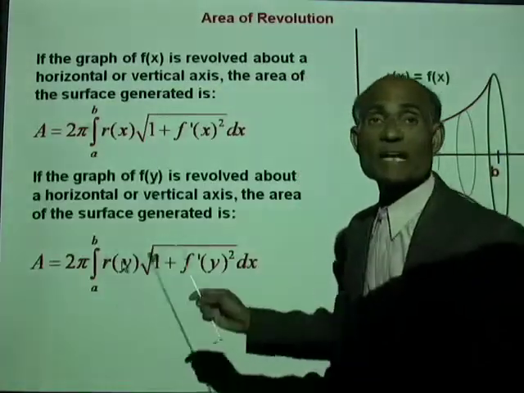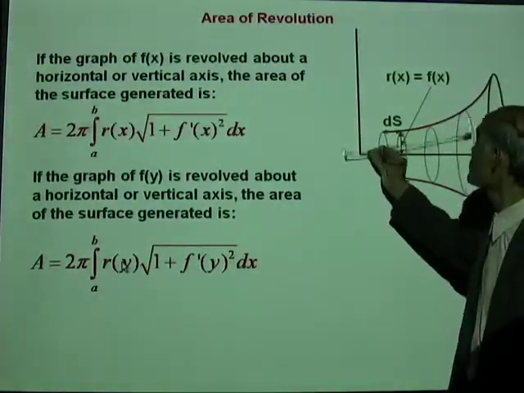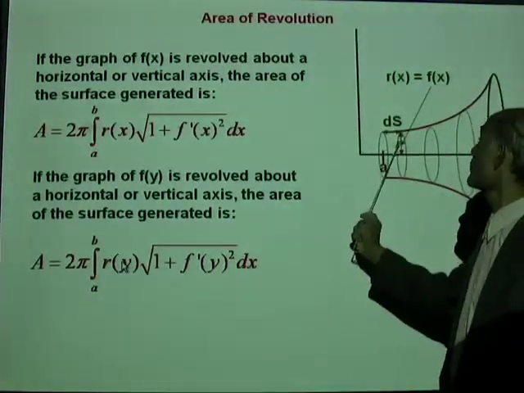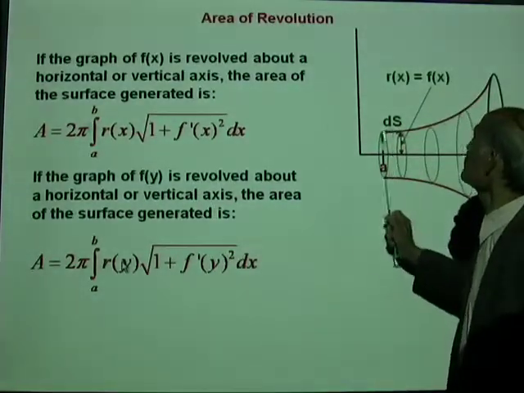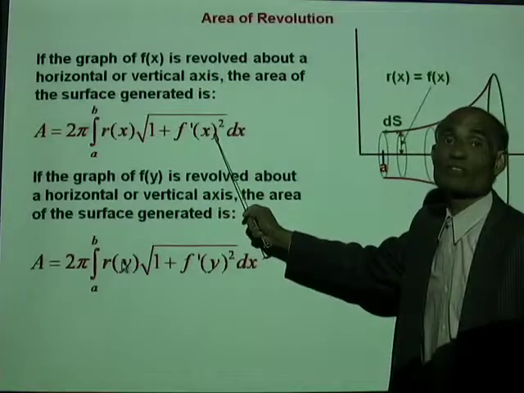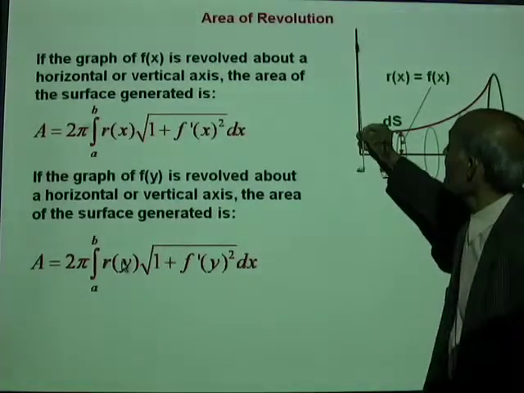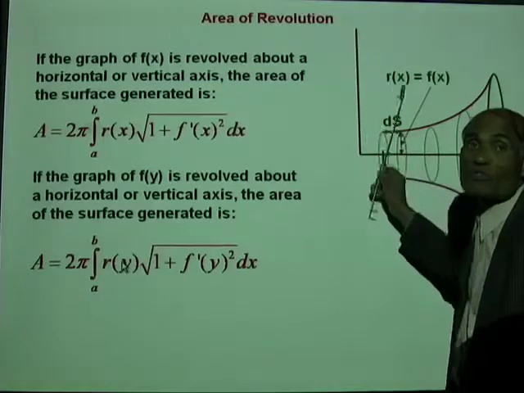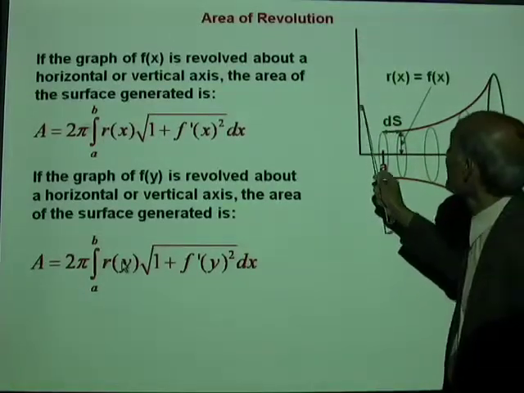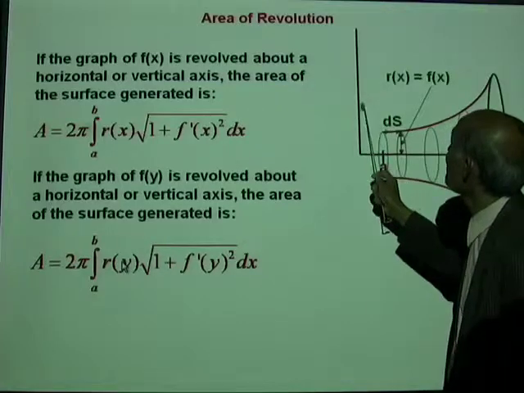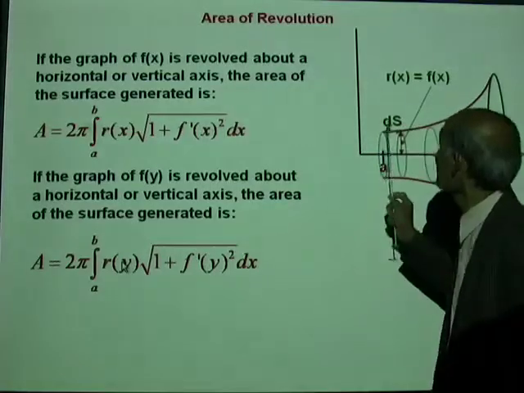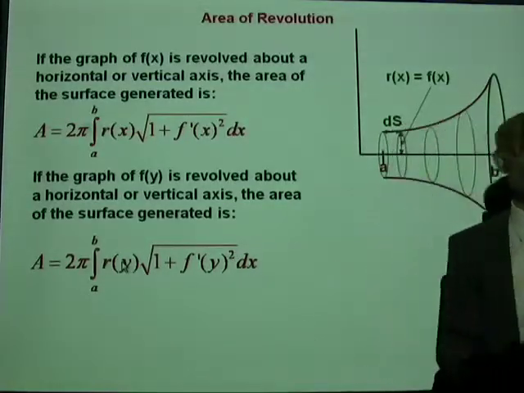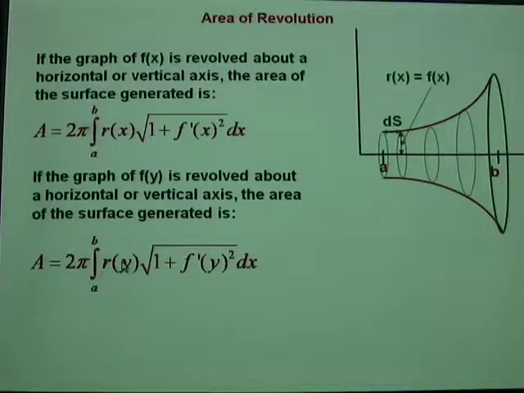So one thing you need to take care of here: if the axis of revolution is horizontal, then the radius is a function of x, and the arc length will also involve functions of x. If the axis of revolution is vertical, then the radius, remember the radius will be measured from the axis, will be a function of y, and the arc length, the ds, will also involve functions of y. Now, that's very important to know.